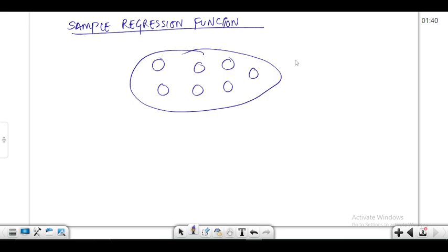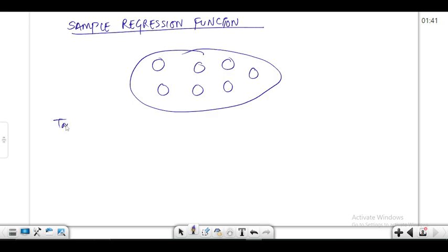So the sample regression function is a really important tool for us. It's the most important tool for us, so mostly we deal with samples only. We have samples of y values corresponding to some fixed x values. In the previous example we have samples of weekly consumption expenditure corresponding to some fixed weekly income of families.